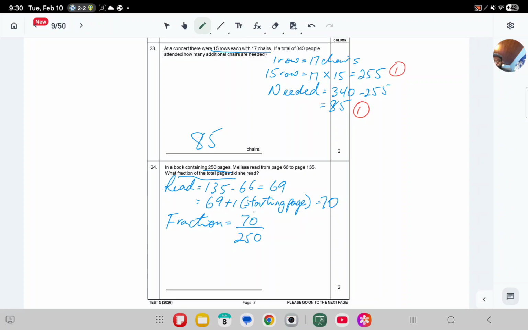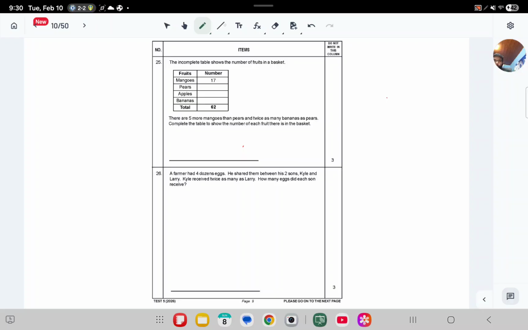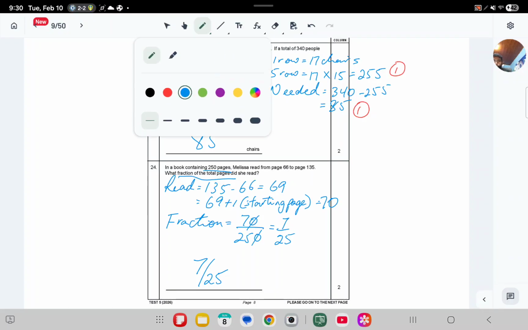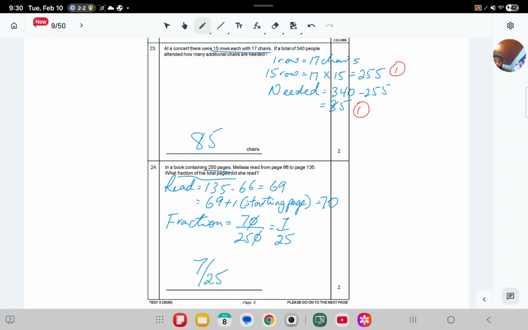Both numbers end in zeros, so you can cancel the zeros. So this becomes 7 over 25. Marking scheme. 1 mark for total pages read, 1 mark for fraction.